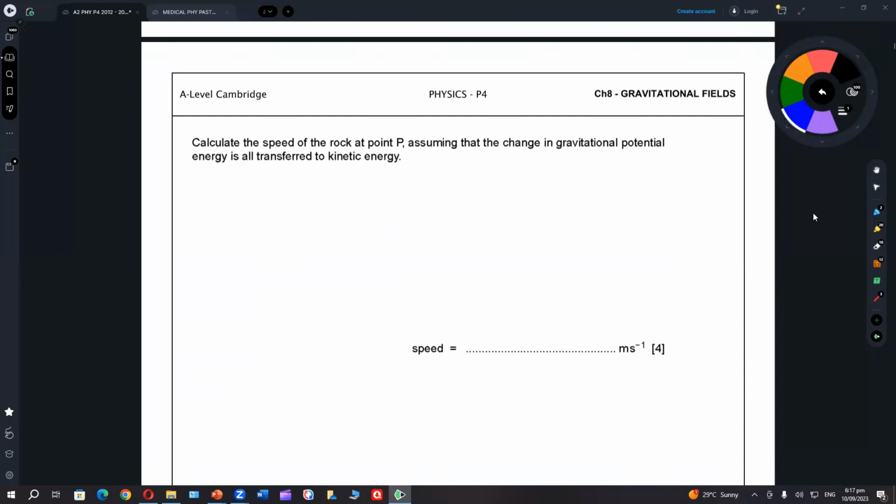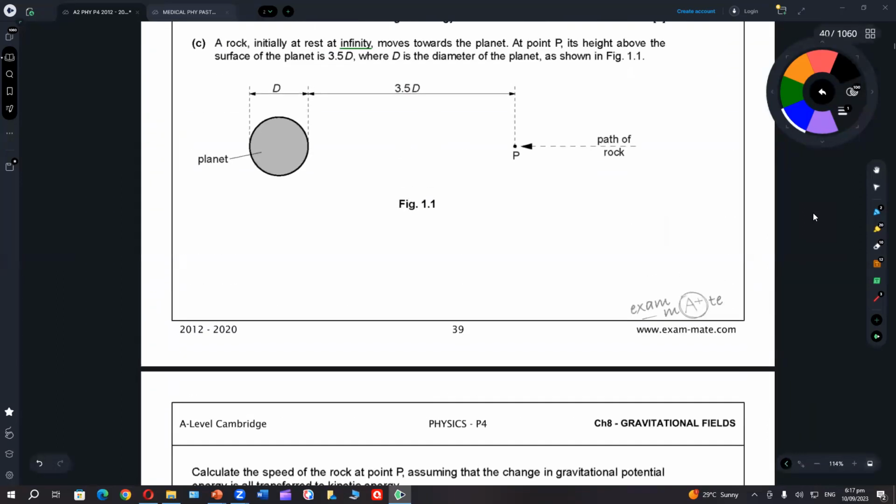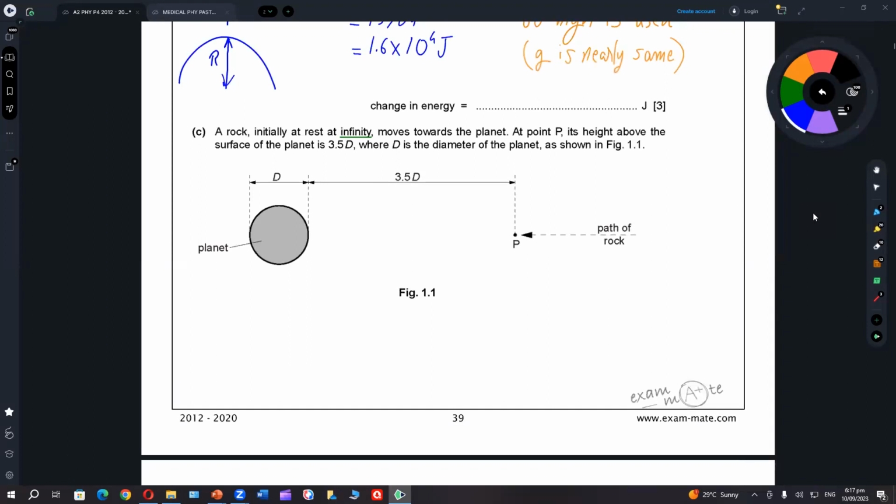Calculate the speed of the rock at point P, assuming that the change in gravitational potential energy all converts into kinetic. It's coming from infinity. We have the value of the diameter already in our hand.